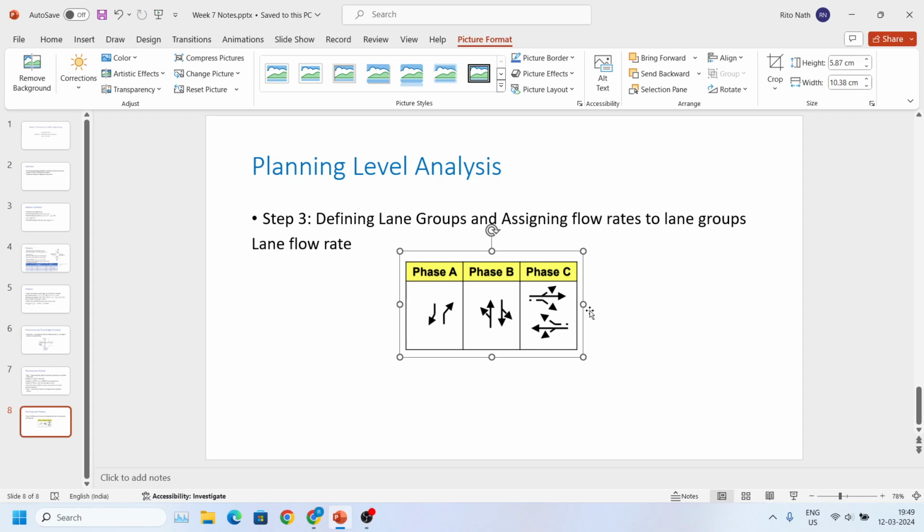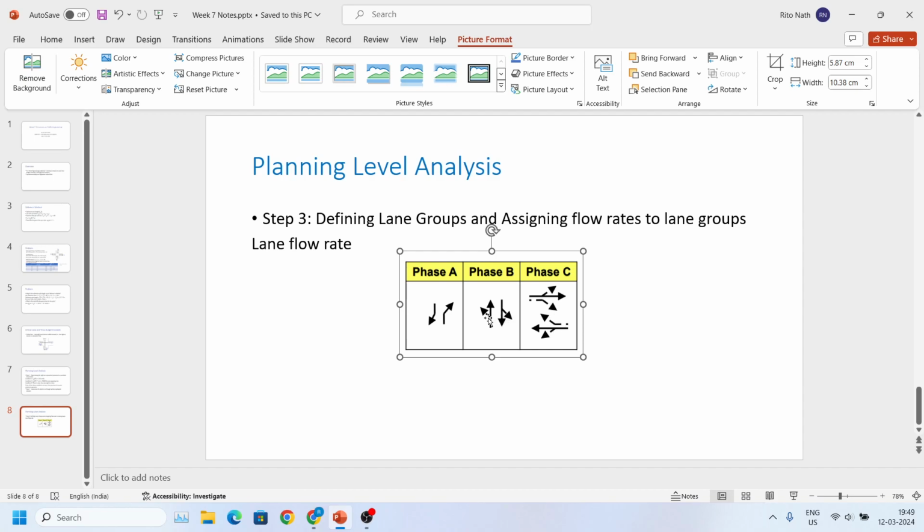For every approach, you have to see what kind of movements are happening, whether it's left turning, through or right turning. For example, in the eastbound, you can see that you have a through plus left turn and also a right turn. In westbound also you have a through plus left turn and a right turn.